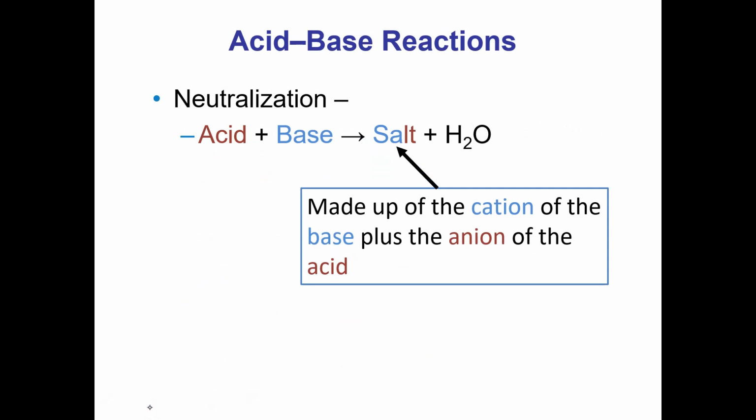So when we have an acid-base reaction, the acid and the base react to form a salt plus water. So we call this an acid-base neutralization. The salt comes from the cation of the base and the anion of the acid.